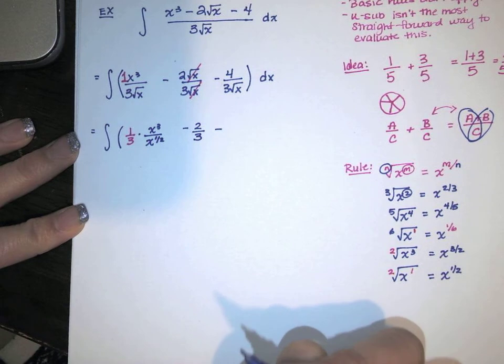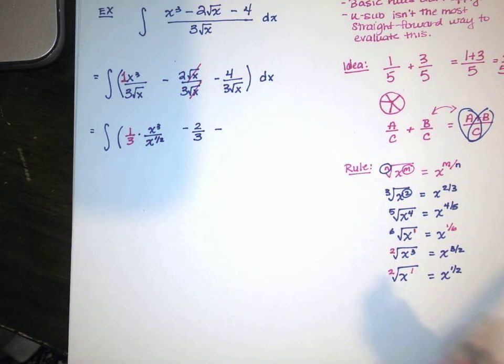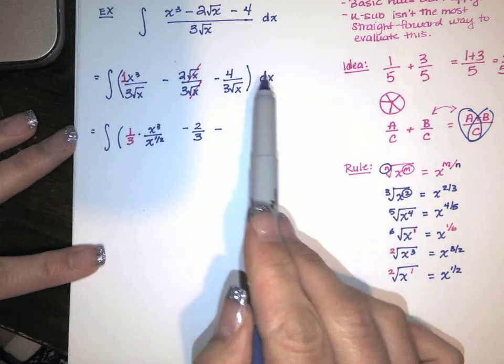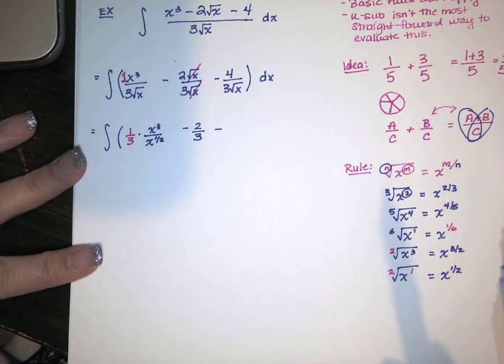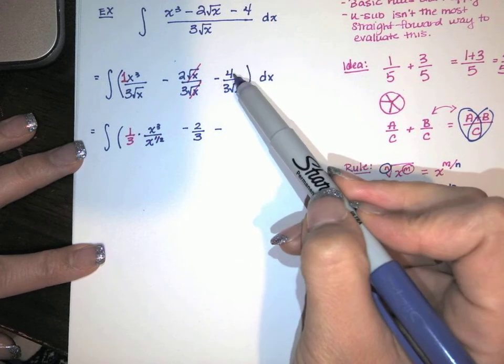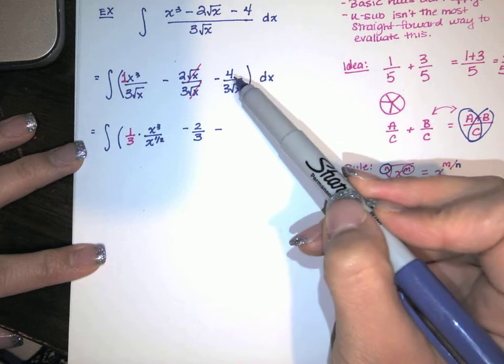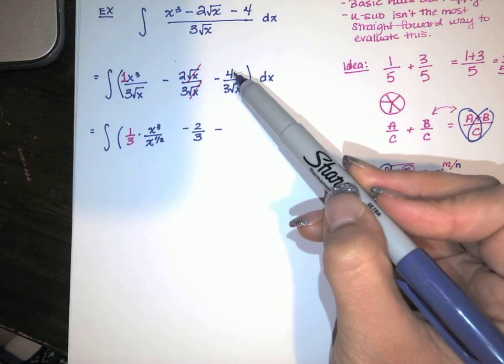And then over here, I want to write this as a fraction times something involving powers of x, or a constant times something involving powers of x. In order to do that, first I'm going to factor out my constant. This one's really nice. That one had an implied 1, so there was a 1/3 I had to factor out. This one's nice because nothing is implied.